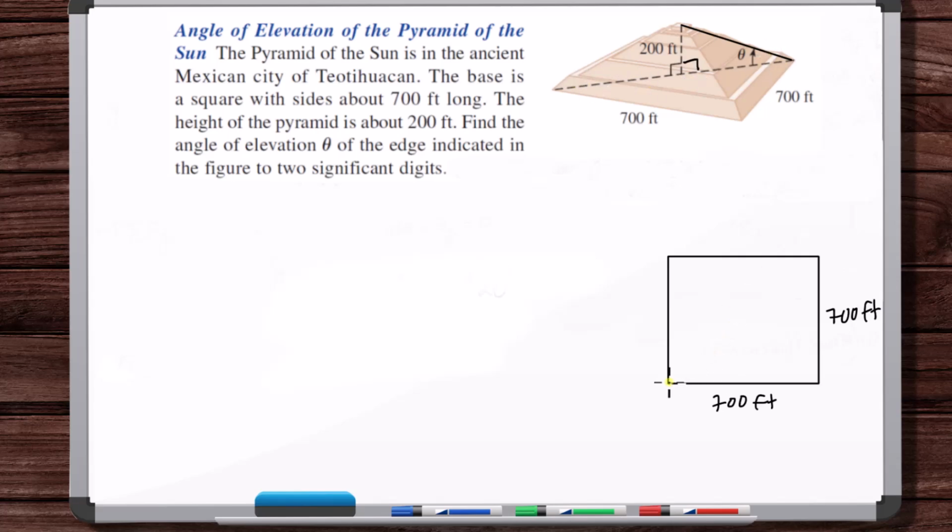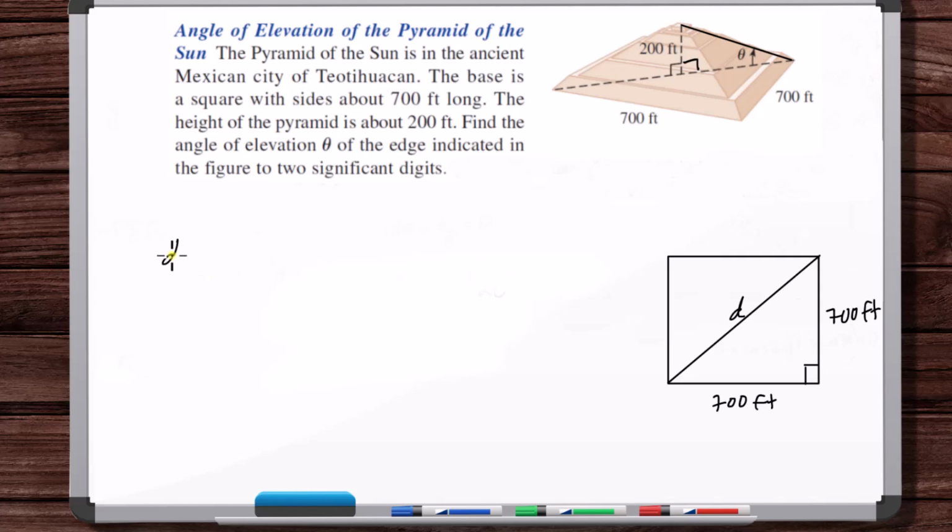Okay, there's the base of the pyramid. This is a right triangle, so we can use the Pythagorean theorem to get this length. We'll call this d for diagonal. By the Pythagorean theorem, this leg squared plus this leg squared is equal to d squared.